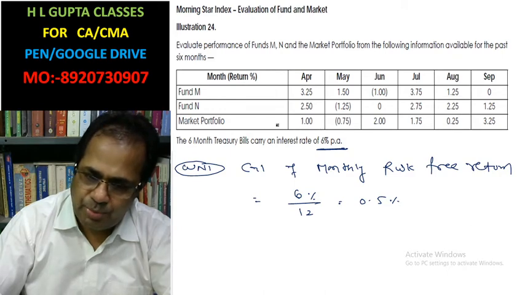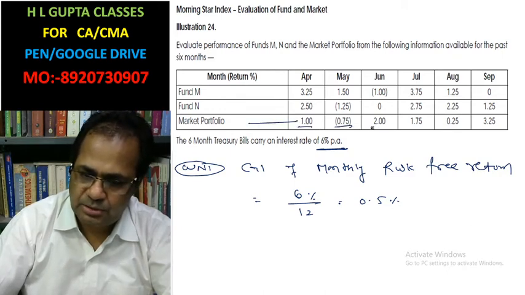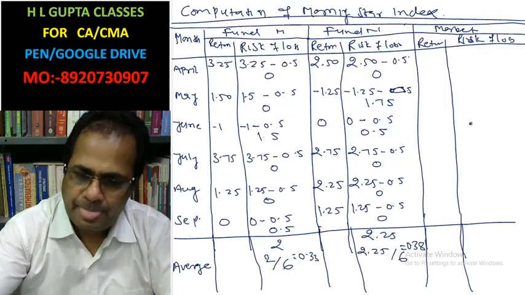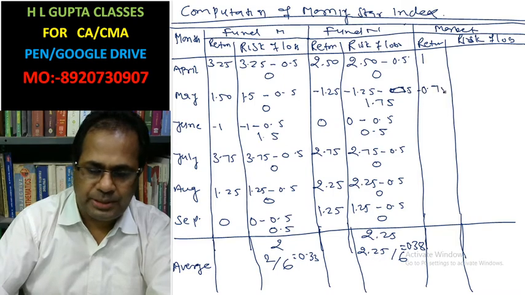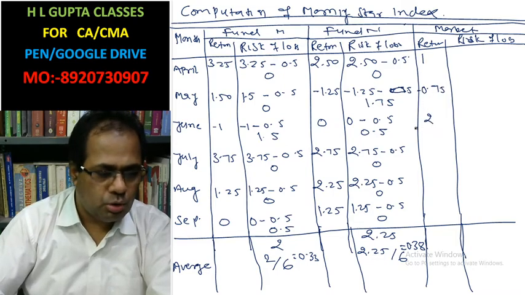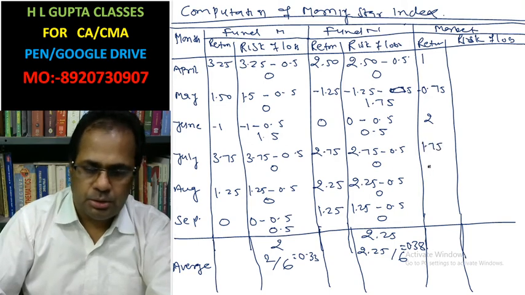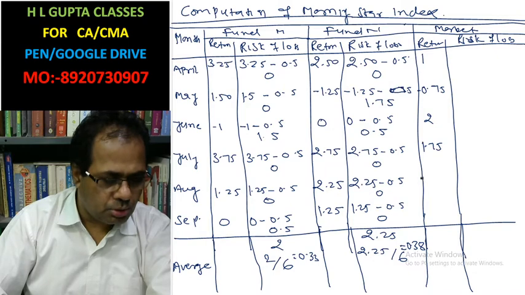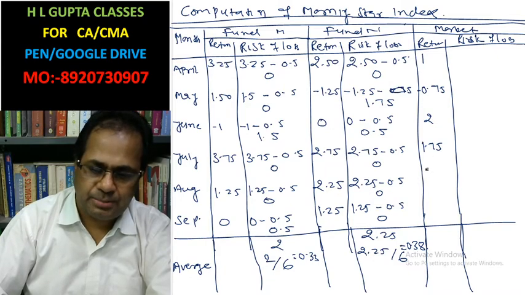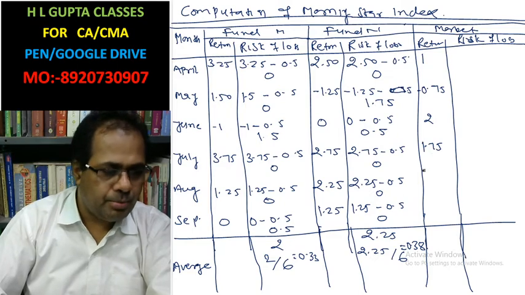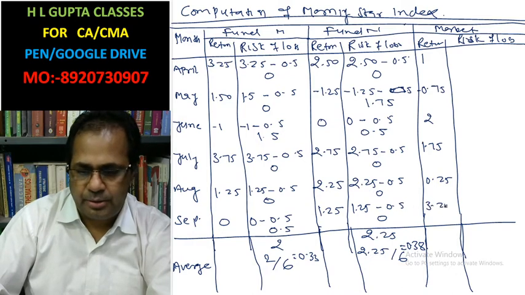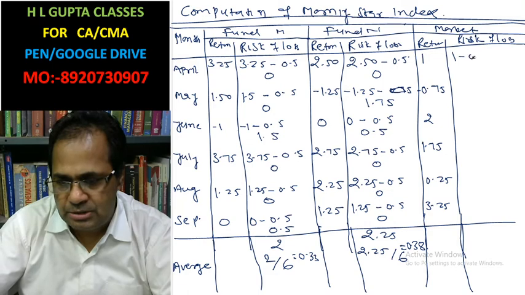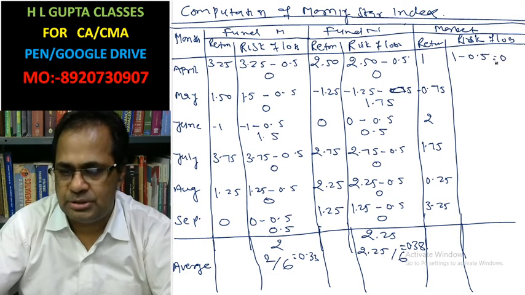The market portfolio has return 1, minus 0.75, this is 1.75, 0.25, 3.25. 1 minus 0.5, risk of loss is 0.